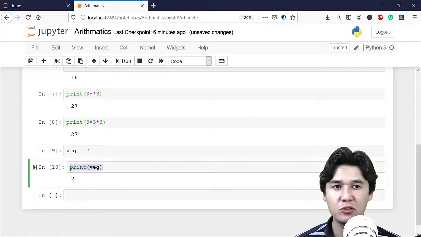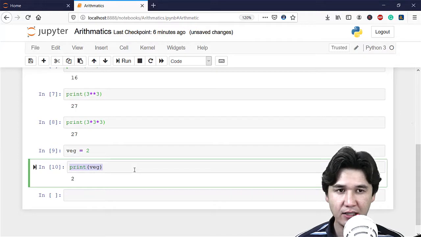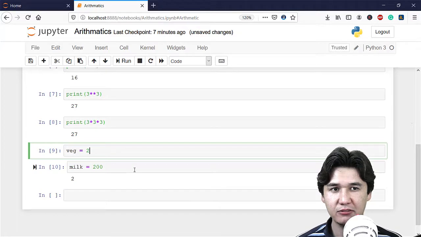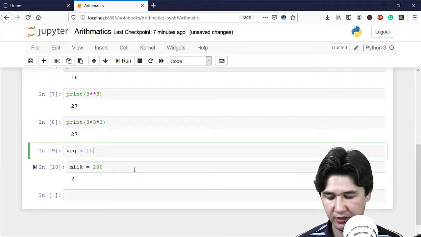Now if I make another variable as well, like milk, for example it costs me 200, and vegetables cost me, for example, 150.